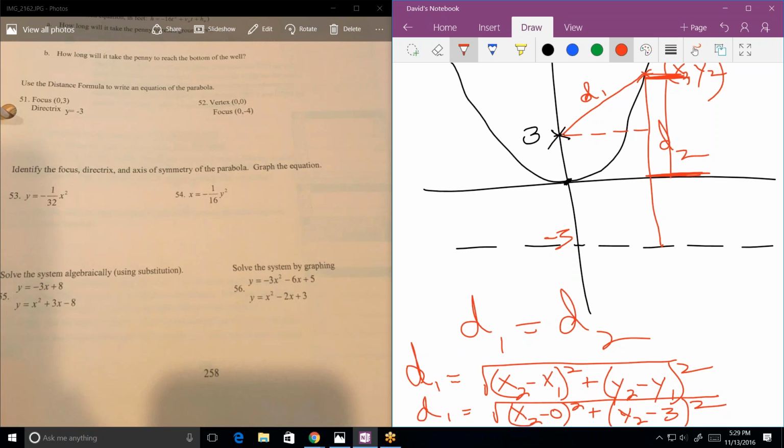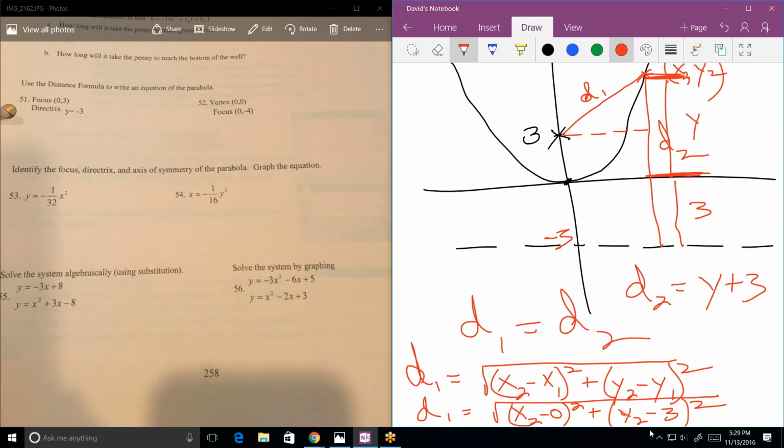That means this distance is y, right? And how about this distance here? It's 3. I've got to go down 3 units to get to the directrix. So this is 3, this is y. What is D2 equal to? D2 is equal to y plus 3. Very important you understand that.